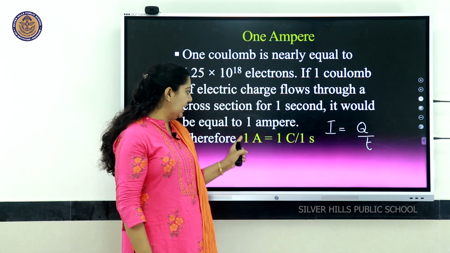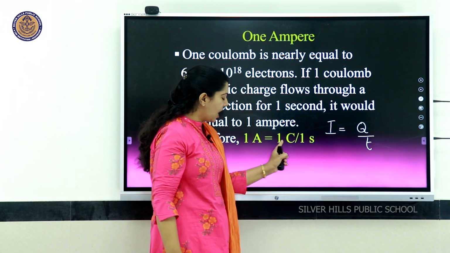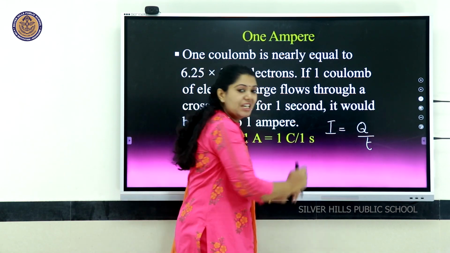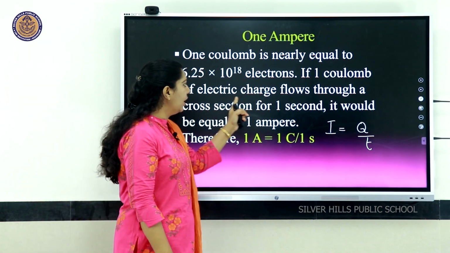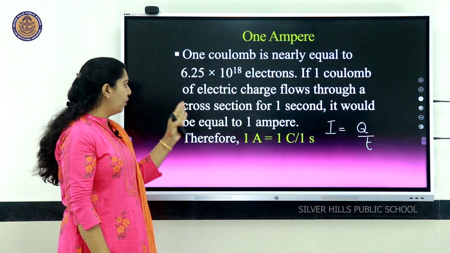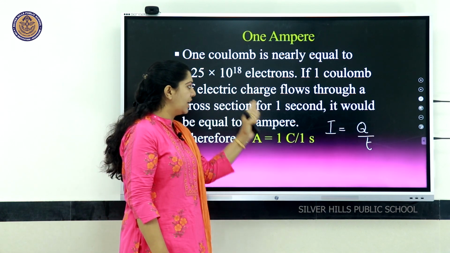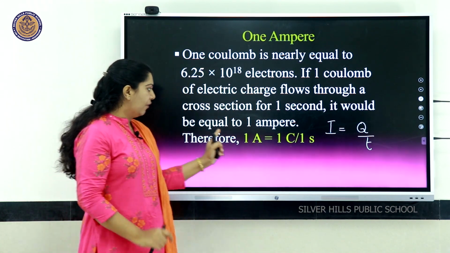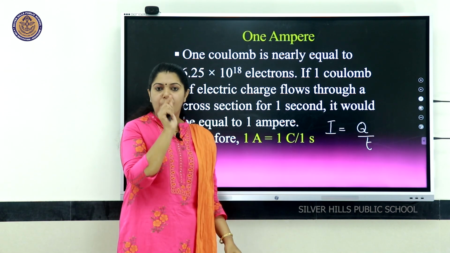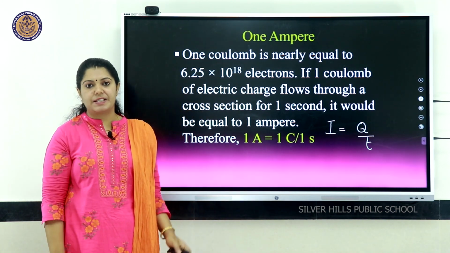So if it is 1 ampere, the charge is 1 coulomb and the time is 1 second. Or 1 ampere is equal to 1 coulomb divided by 1 second.